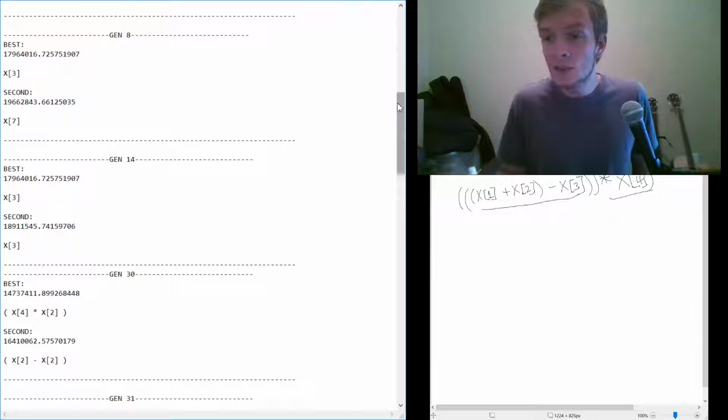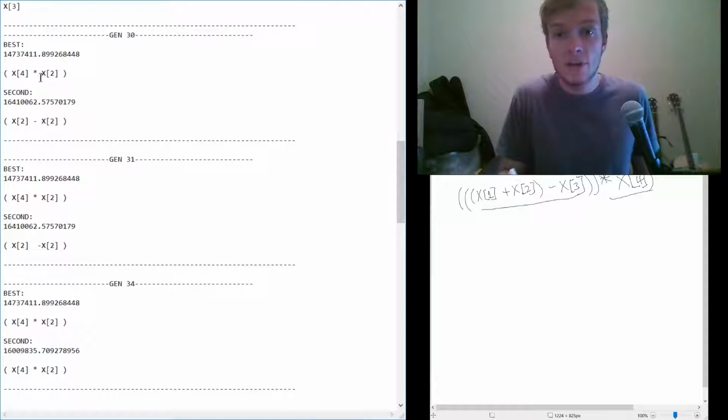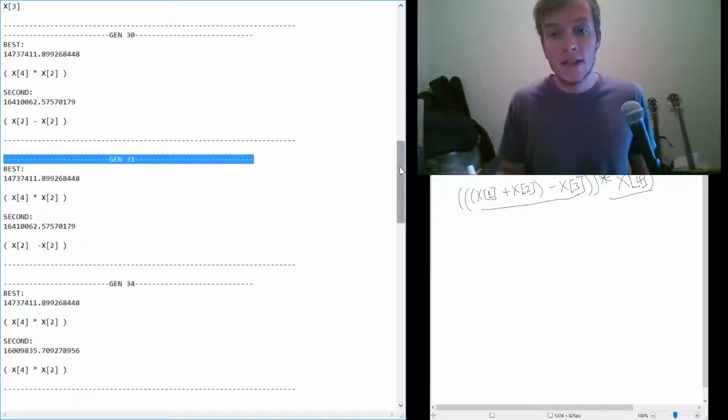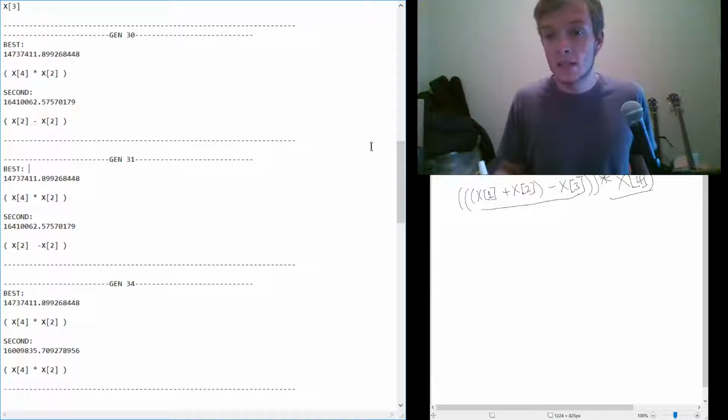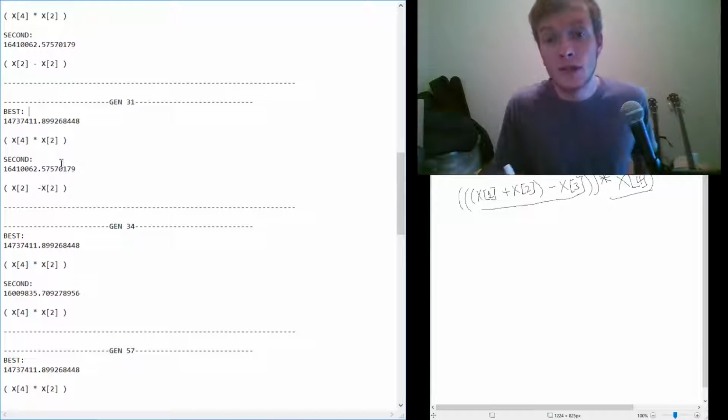I didn't see much of that, but I did see this mutation into a compound variable. We have this compound variable, and it is very lucky because it has the most significant variable in the game. So this x4 is important because it's being multiplied by everything else.